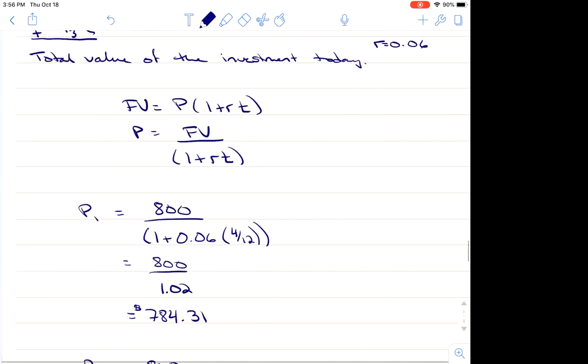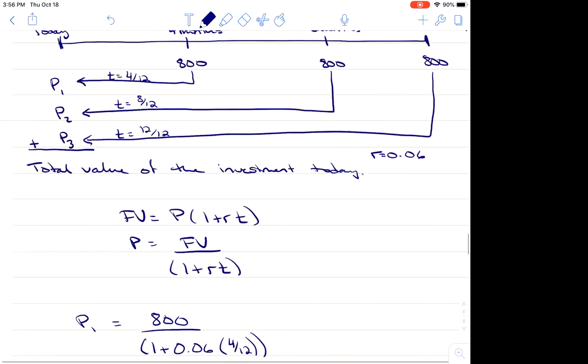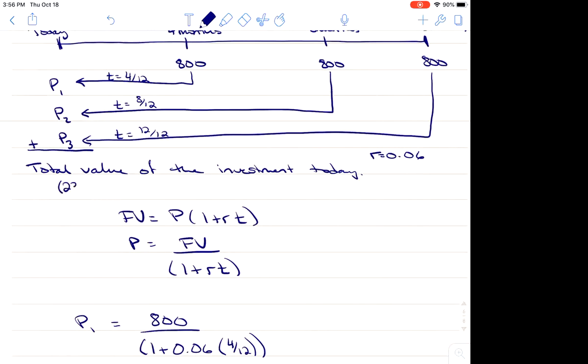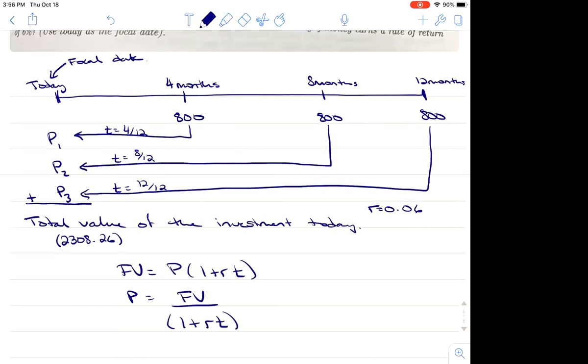So the equivalent payment, I'll just write it down here. We found 2308.26, just so I have it on the same graph here, because 2308.26 is equivalent to 800 at these time intervals.